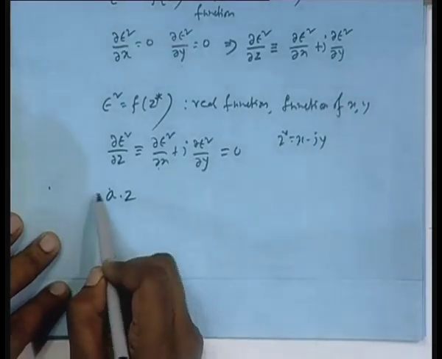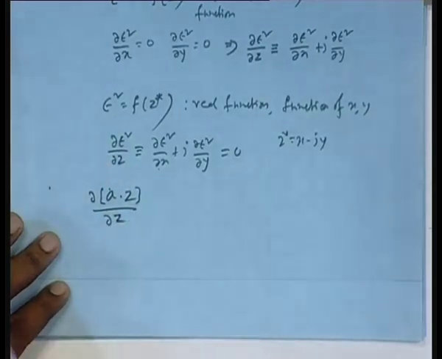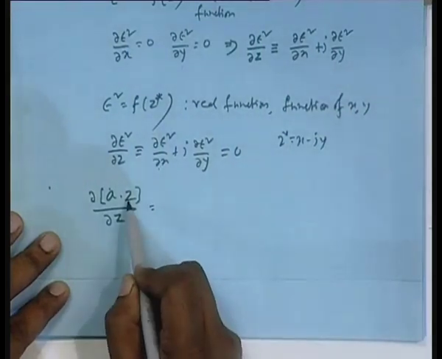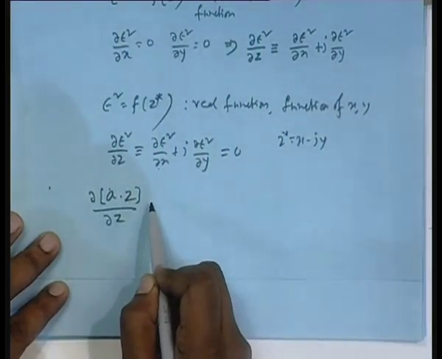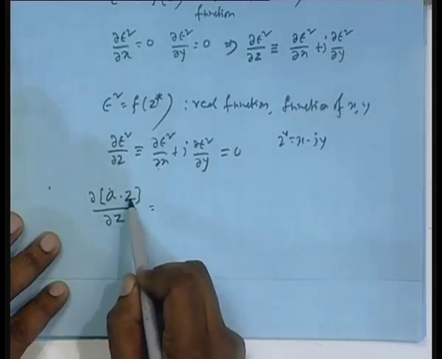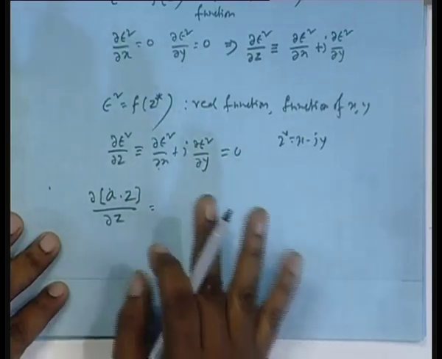And I say you differentiate this with respect to z as per this definition. What will that be? As per this definition, you write z equal to x plus jy. Okay. So, a x, a I do not need to expand because it is a constant. A is complex, but I do not need to expand.